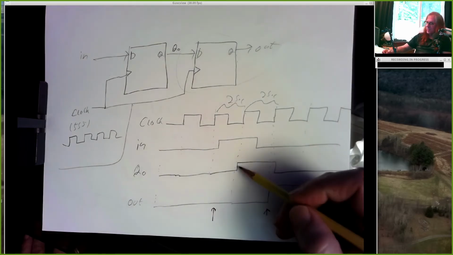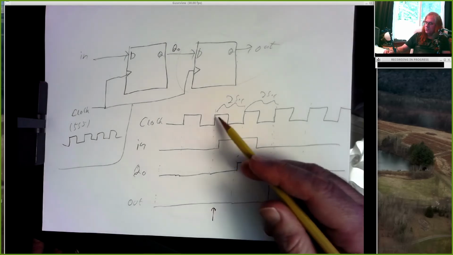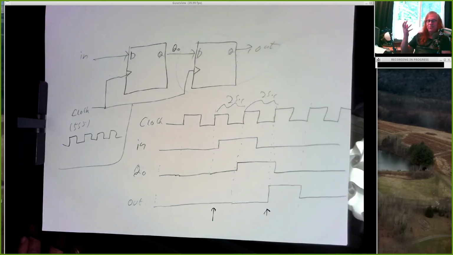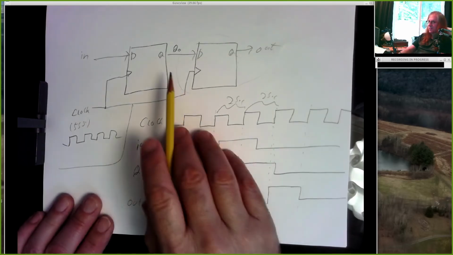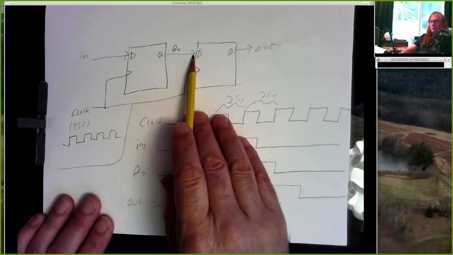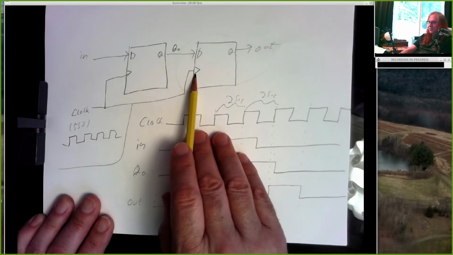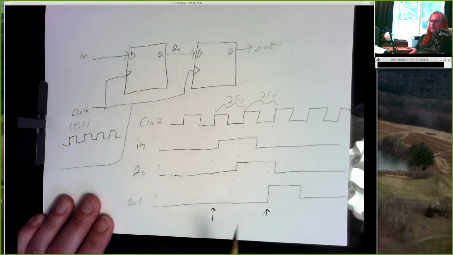And again, this first delay is based on when you change your input relative to the clock. And that could be anywhere from 0 to 2 seconds. But once this first output goes high, you have to wait an entire clock cycle before the clock ticks again and this input goes to the output.